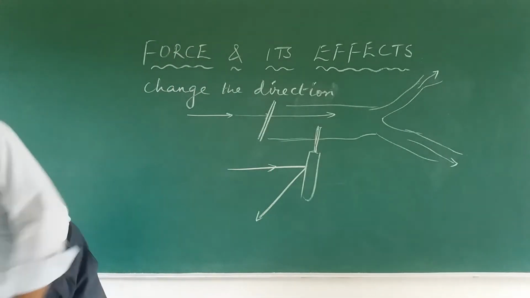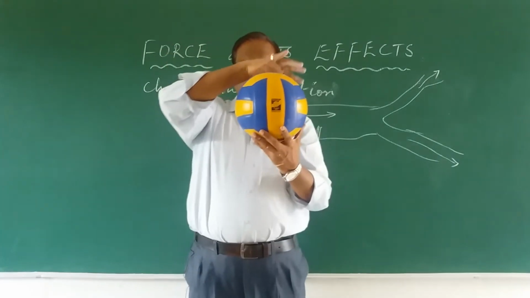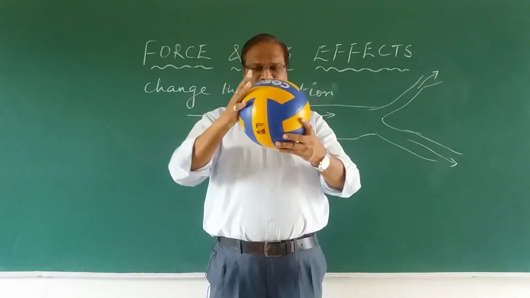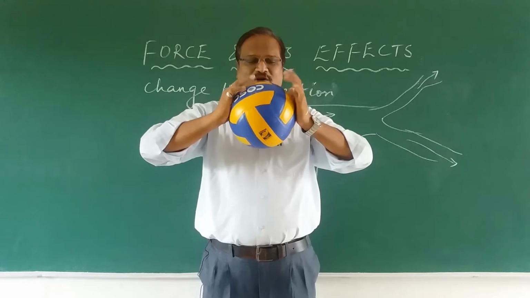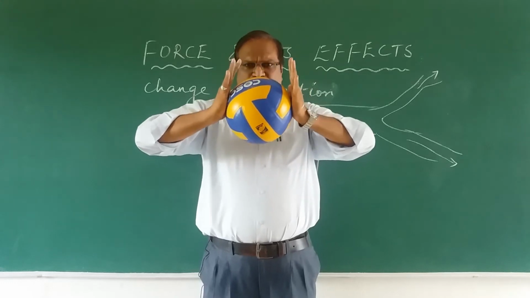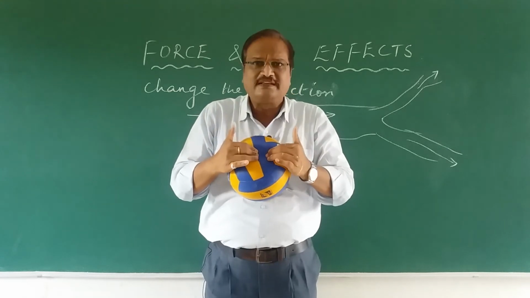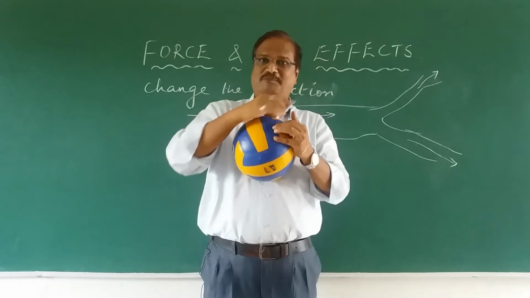For example, again I take the same ball, fine. Now the ball is spherical in shape, like a circle, no? It is 3D, three dimensional. Now I can change the shape of the ball. How? If I apply force here like this, you see, a small dent is coming here. See, it is changing the shape. Yes, it can change the shape of the body.